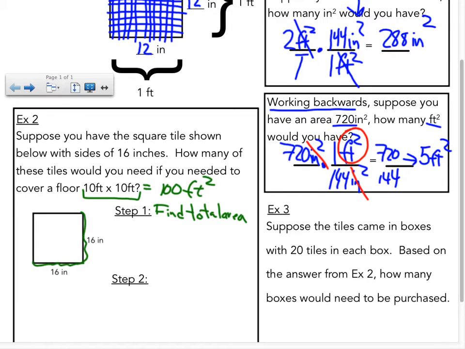And we need to figure out how many tiles will fit in 100 feet squared. So what we need to do is figure out the square feet of one tile. Well, let's see. We got to think about that for a second. Better pull up my calculator.